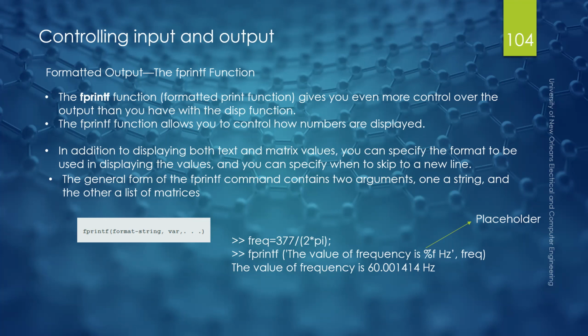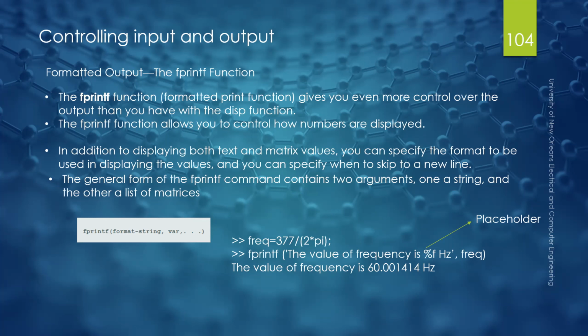In addition to displaying both text and matrix values, you can specify the format to be used when you display those values, and you can also specify things like if you want to skip a line or tab, which DISP doesn't really give you the method to do.